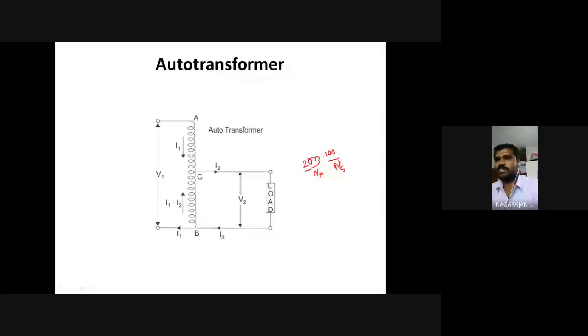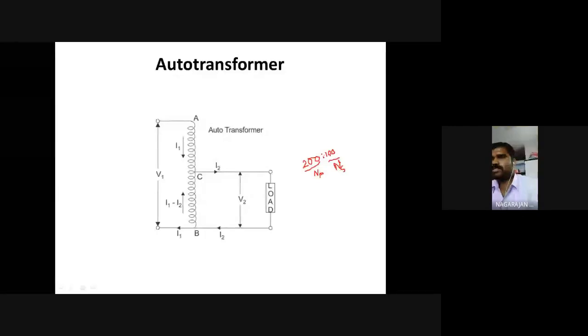What type of transformer is this? This is a step down transformer. Step down means the load side voltage will be halved. The ratio V2 by V1 is 0.5. So the output voltage will be half of the supply voltage.